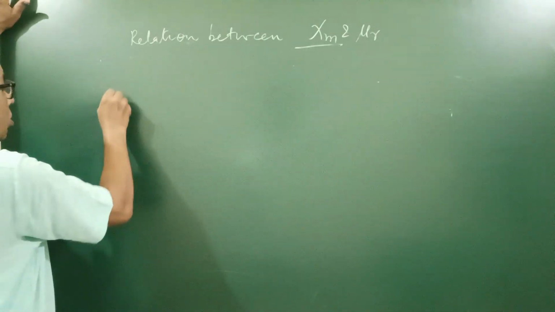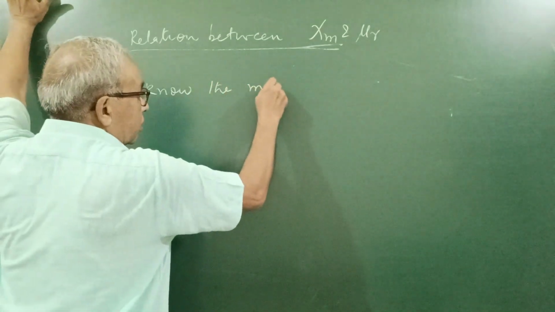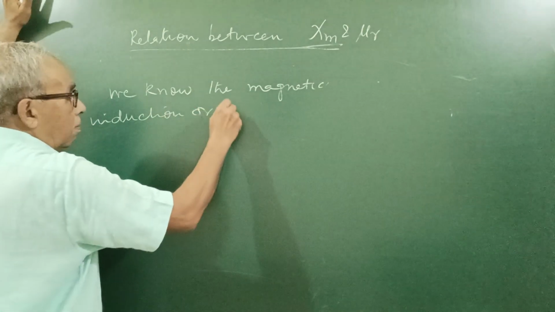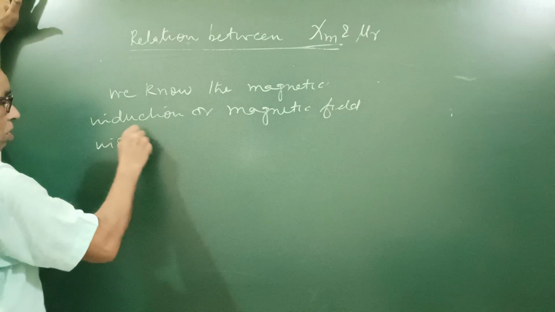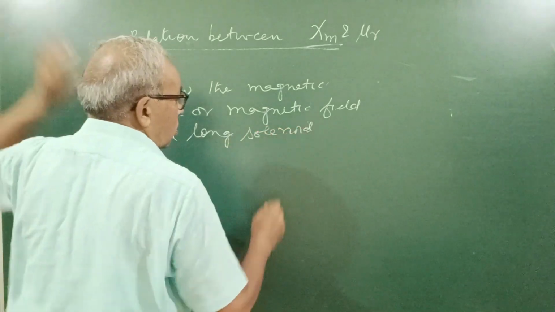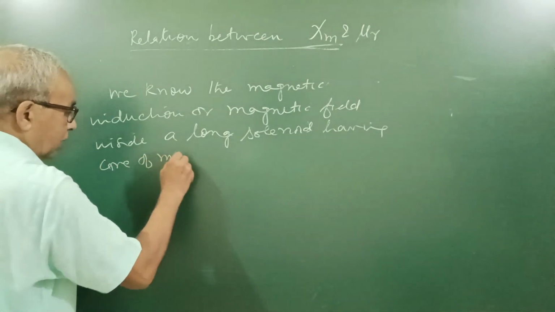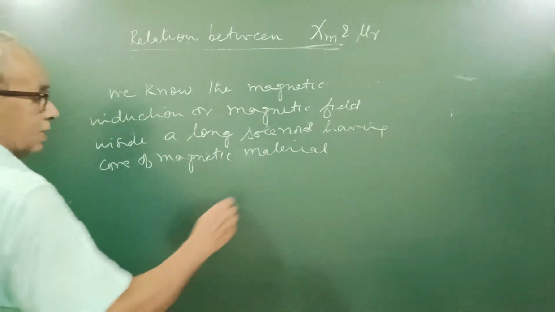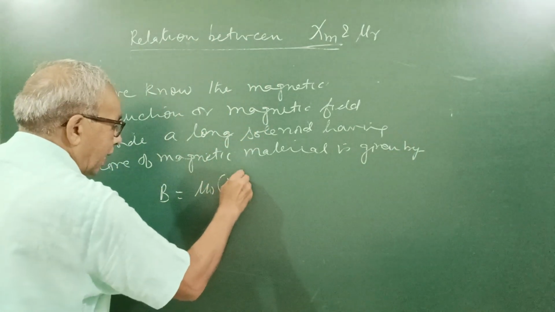We know the magnetic induction, or magnetic field, inside a long solenoid having a core of magnetic material is given by B equals mu 0 (H plus M).